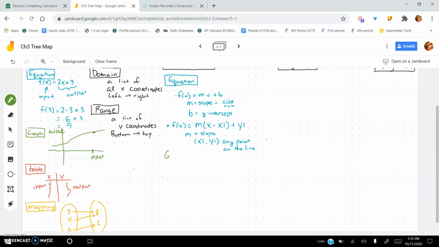We also talked about representing a linear function in a graph. If you have a graph of a linear function, you would have a y-intercept, which is where that crosses the y-axis, so that would be b.